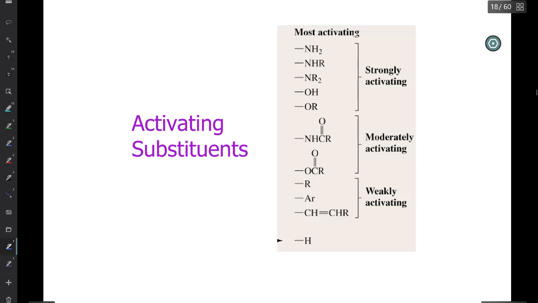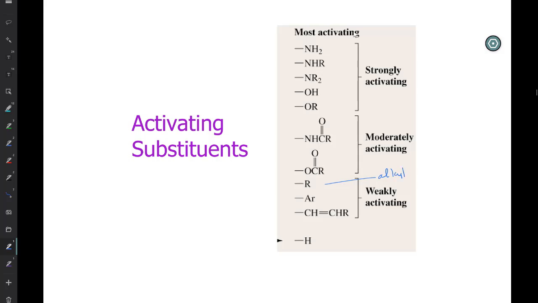So here's the list of activating substituents from your book. I blew it up so you can see it. We have strongly activating substituents at the very top, and then we have weakly activating substituents at the bottom. And you'll notice that for weakly activating, we have R groups like CH3, so alkyl groups.